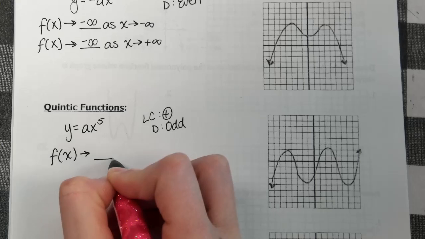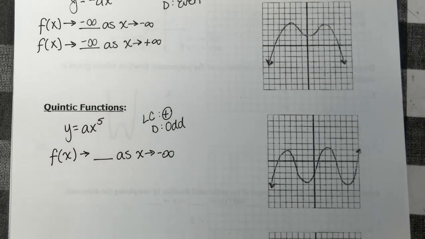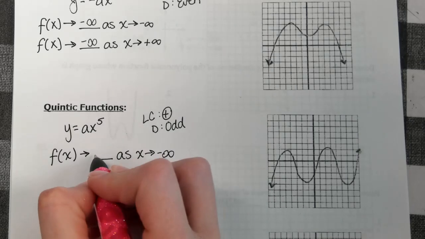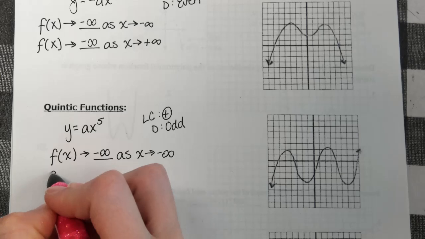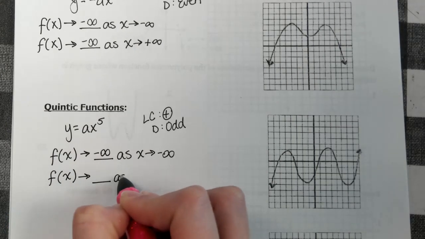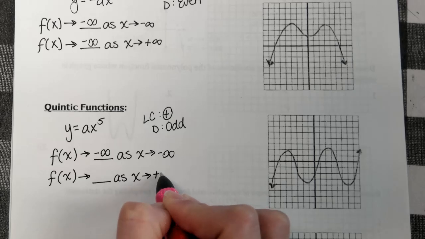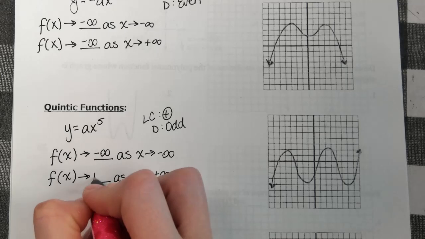F of x approaches blank as x approaches negative infinity. What's happening on the left? Going down. So that would be negative infinity. And then f of x approaches blank as x approaches positive infinity. Where's the right side going? Up to positive infinity.